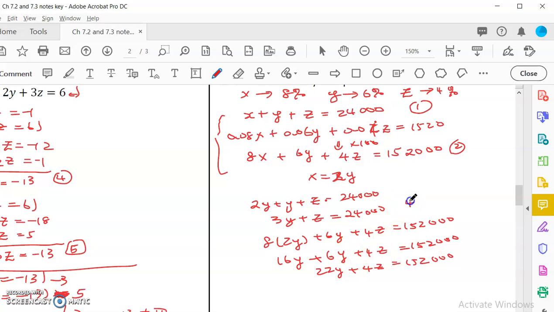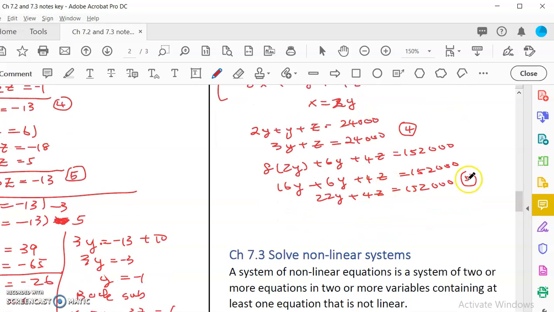So this is my equation 4 and this is my equation 5. So I'm going to rewrite it. Not enough space. So 3y plus z equal to 24,000 and 22y plus 4z equal to 152,000. So you have to solve this.